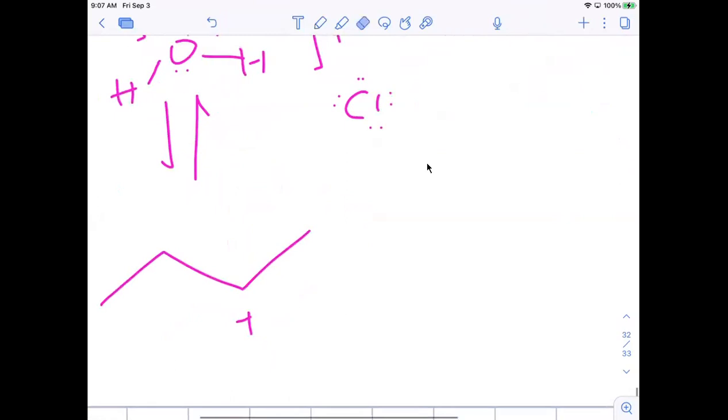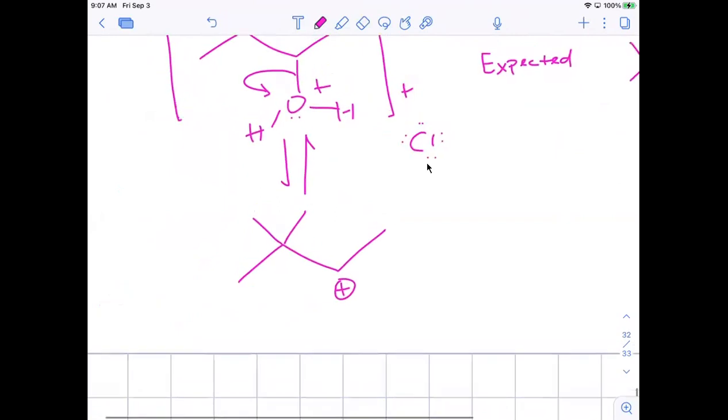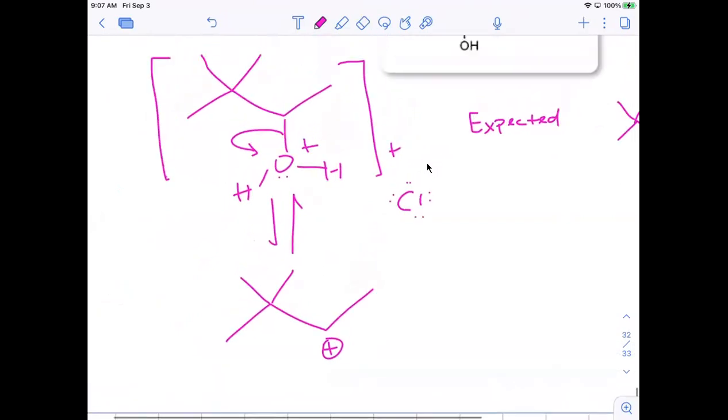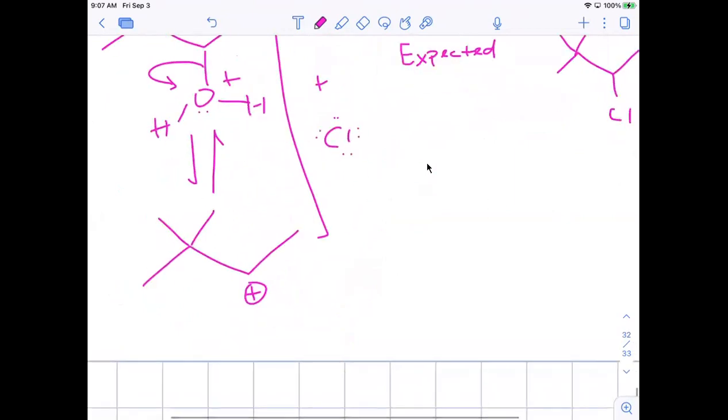Right, and now you can see here, now you have a secondary carbocation.